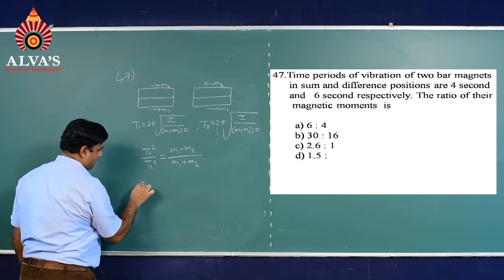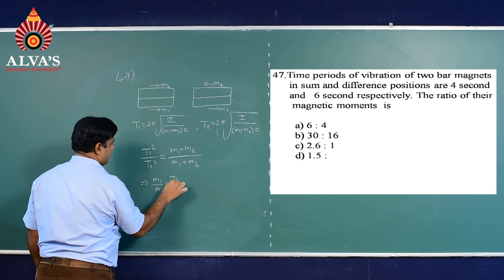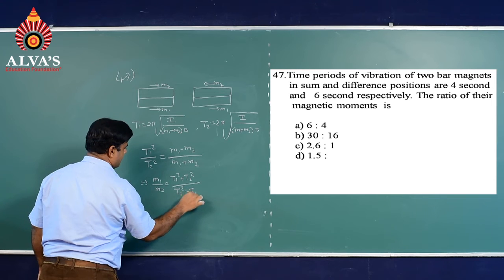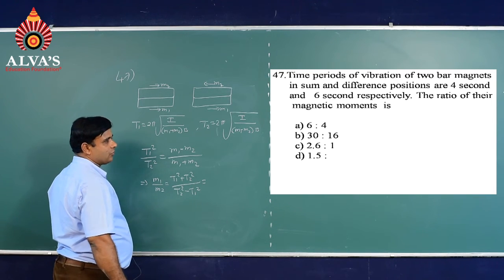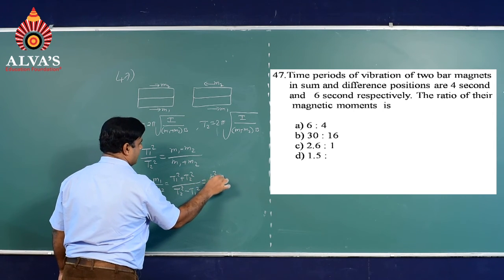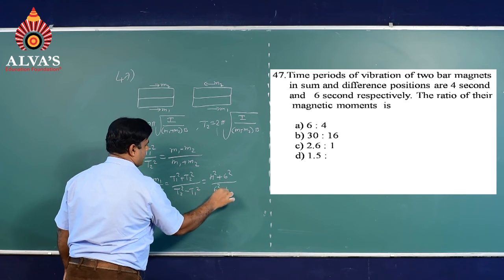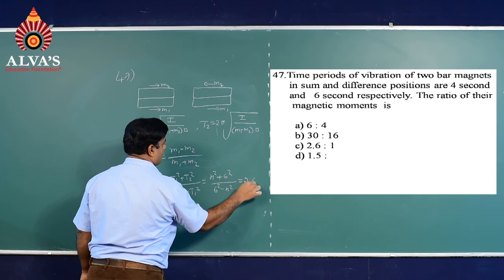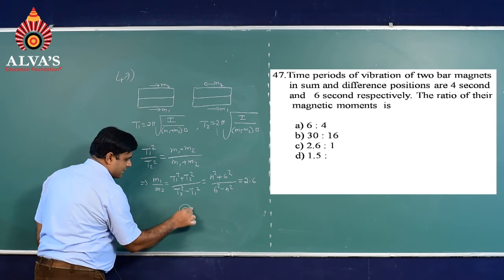If you simplify, m1 by m2 equals (T1 squared plus T2 squared) by (T2 squared minus T1 squared). In sum position, time period is 4 seconds, 4 squared; in difference position 6 squared. 6 squared minus 4 squared comes equal to 2.6. So, the answer is 2.6 is to 1, C.